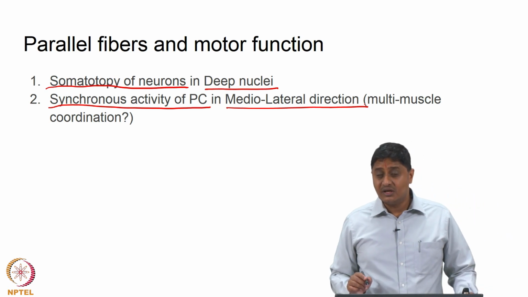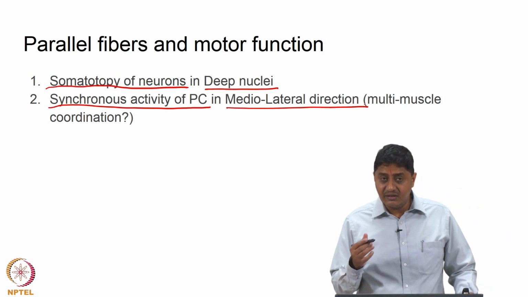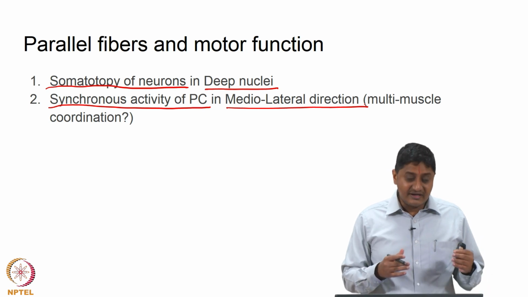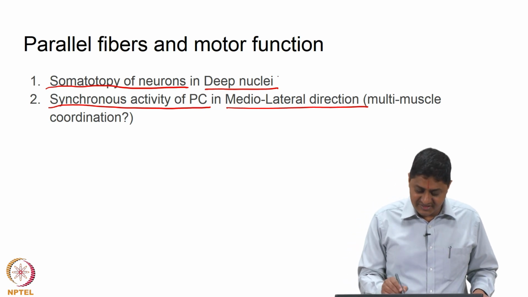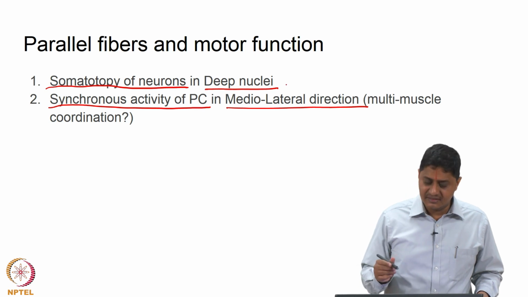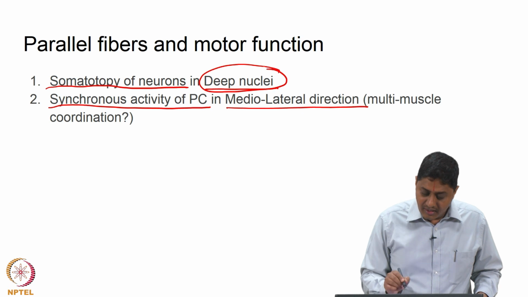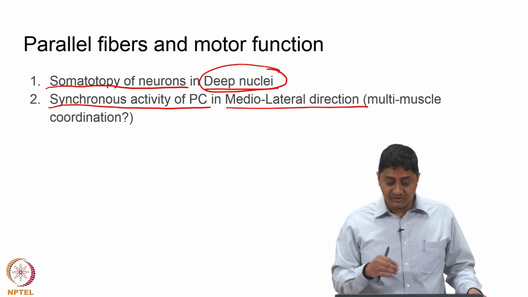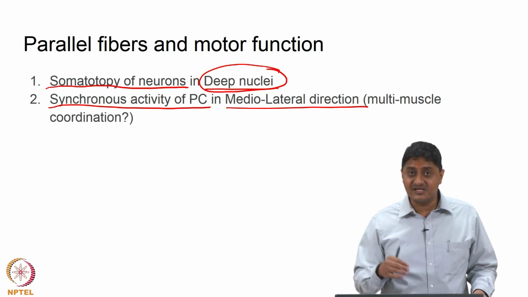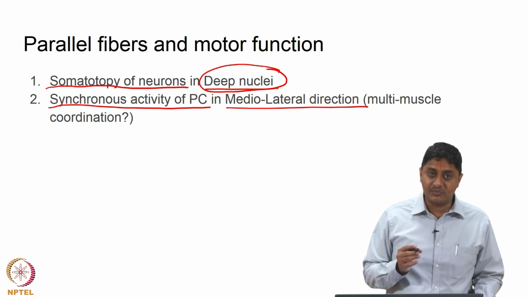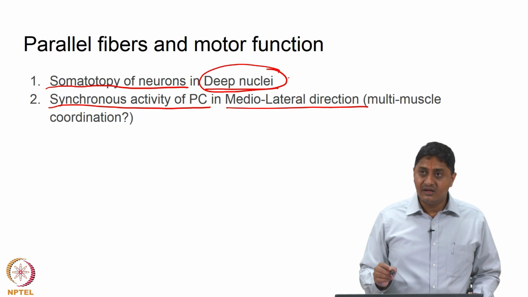So, that means in the mediolateral direction there is representation for different muscles. This representation is there not in the cerebellar cortex, not in the molecular layer, but in the deep nuclei, and they receive information from the Purkinje system somatotopically. So, there is topographic representation in the deep nuclei.